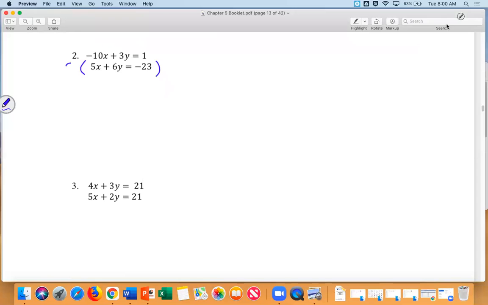So I'm going to multiply this bottom equation by 2. That's going to give me 10x plus 12y equals -46. And then I'm simply going to rewrite this top equation, which is -10x plus 3y equals 1.